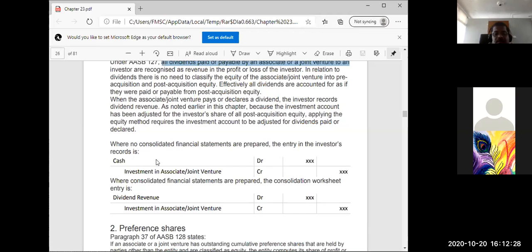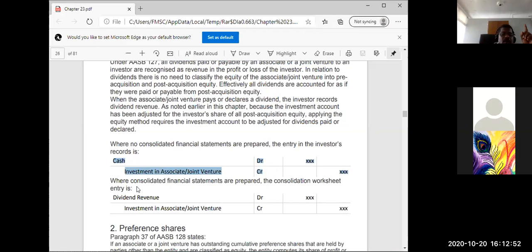That means individual investor's financial statements only, not the consolidated. Then of course the journal entry for dividend is this: cash account debit, investment in associate or joint venture credit.